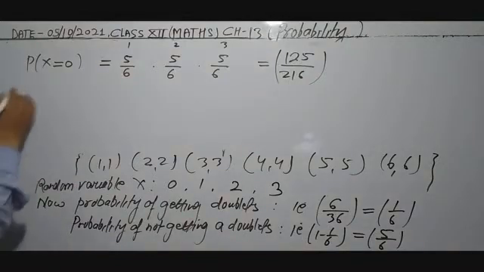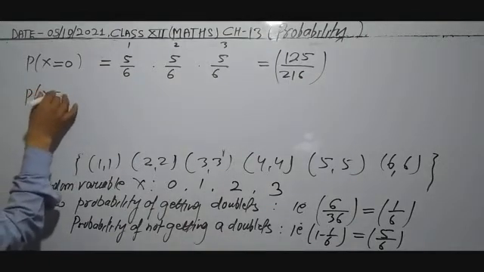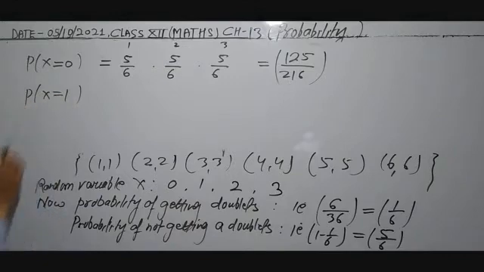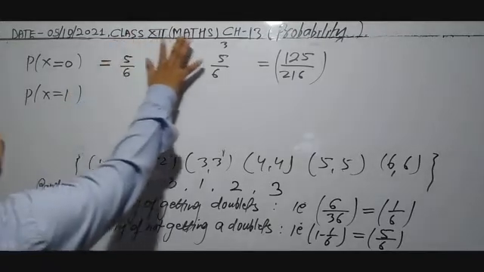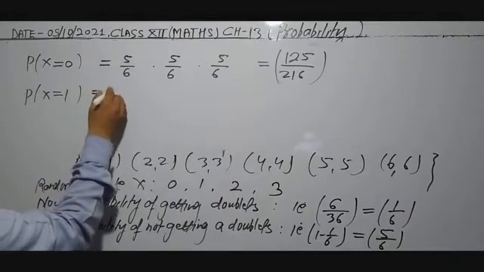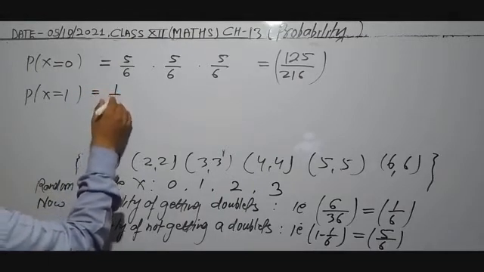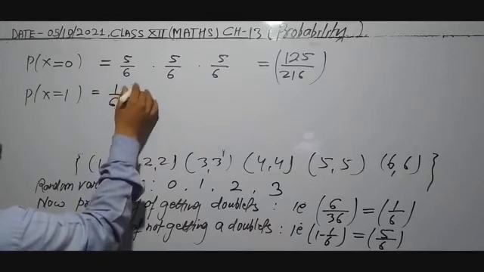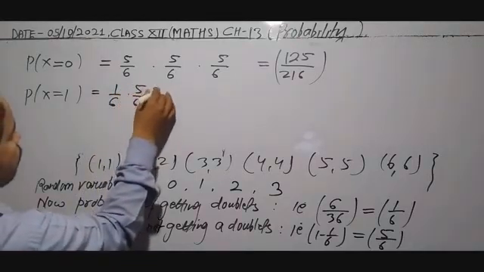Now the probability of getting 1 doublet. In the case of 1 doublet, suppose the first is a doublet, then the other 2 will be non-doublets.